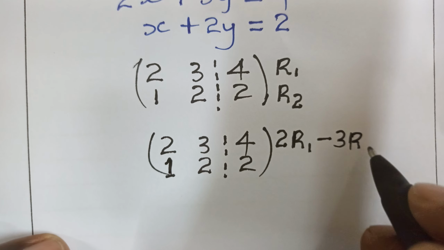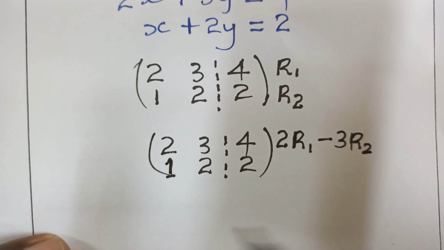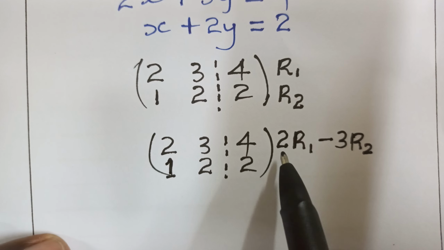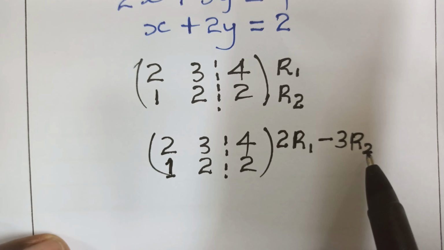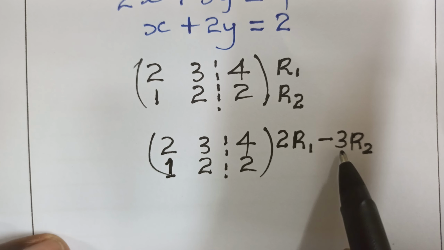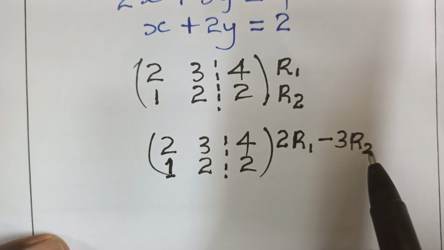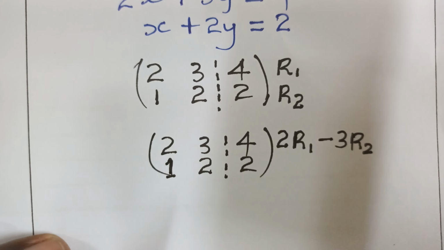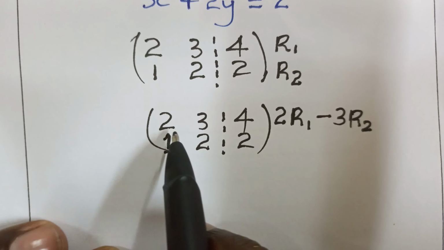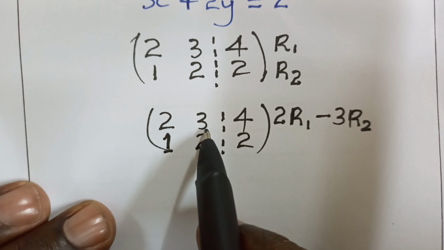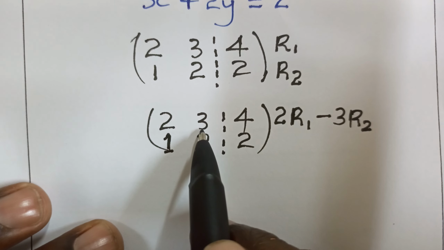row 2. Guys, let's see. Coming to the first number, we have 2 multiplied by 2 is 4, minus 3, then we have row 2. Let's come to check on this number. I can start with 3.